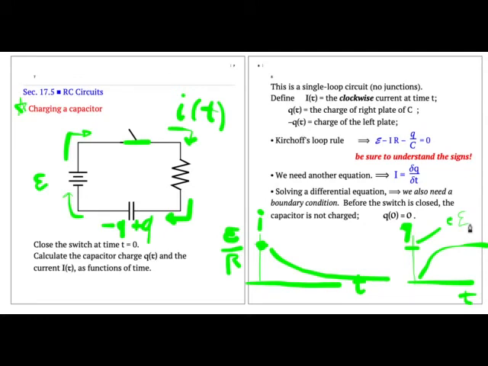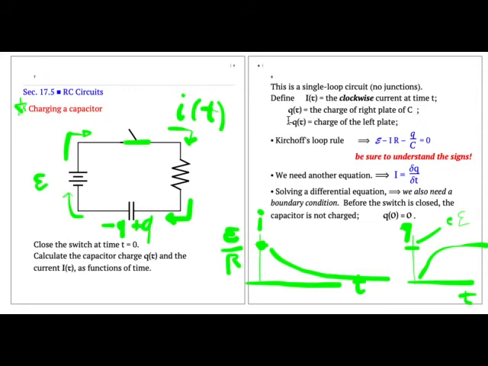Now that's all qualitative. And now let's do the math and find the formulas for capacitor charge and current as functions of time. So we'll define I of t as the clockwise current at time t. We'll define Q of t as the charge on the right plate here.